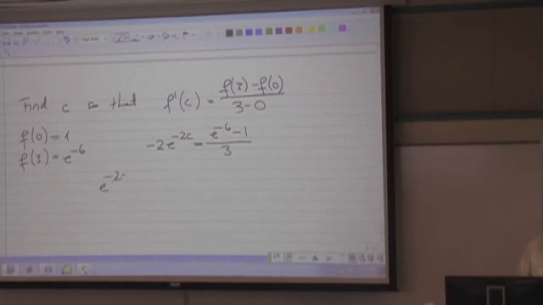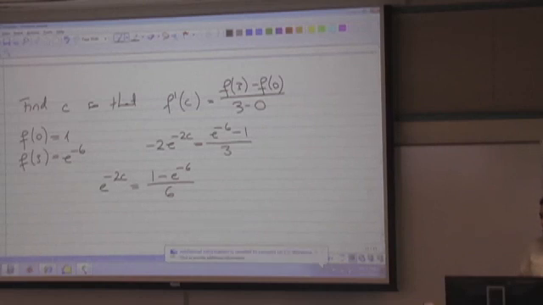So e to the minus 2c is equal to 1 minus e to the minus 6, divided by 6. Right? I cheated a little bit. You divide by negative 2, right? So instead of 3, now you have negative 6. But I didn't like the negative, so I put it above, which means you switch the order of the terms. Yes?